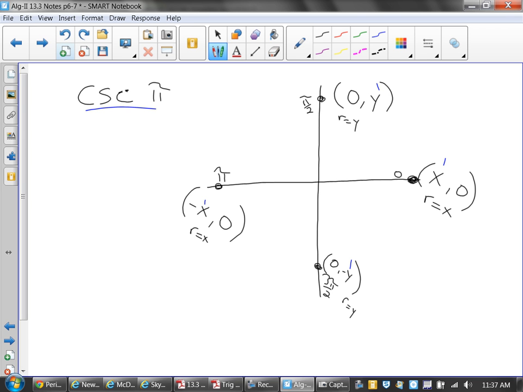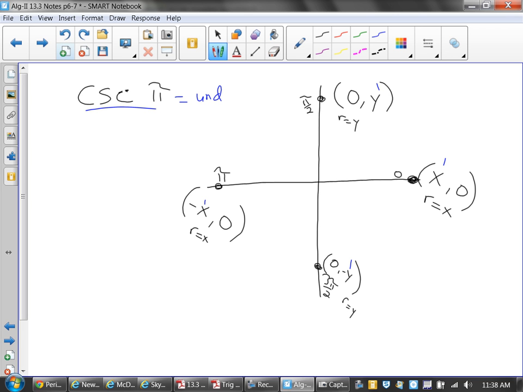Cosecant of pi. Cosecant is the inverse of which trig function? Sine. Sine is which value in the ordered pair? It's y. What's the value for y at pi? 0. So what's the cosecant of pi? Undefined. Very good.